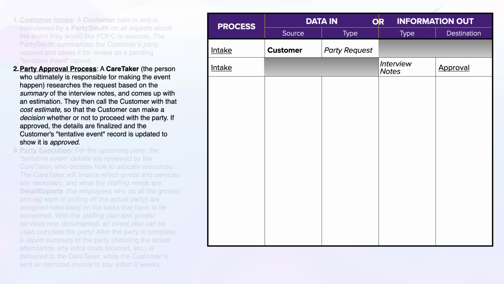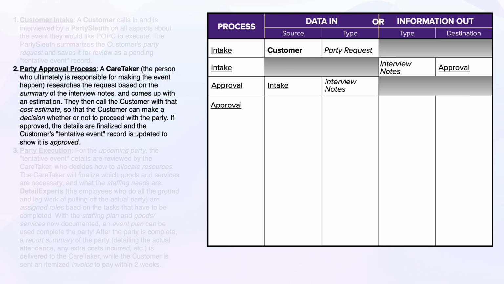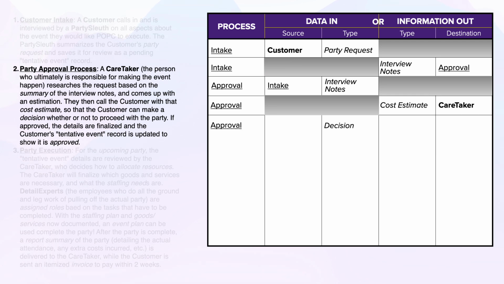So the party approval process, as our next process, has interview notes as an input. And that came from the process of intake. So we're going to block out any sort of output for this. Looking at our process description again, there's an output of cost estimate, and that has a destination of caretaker, which is one of our actors, which is why I've bolded it.